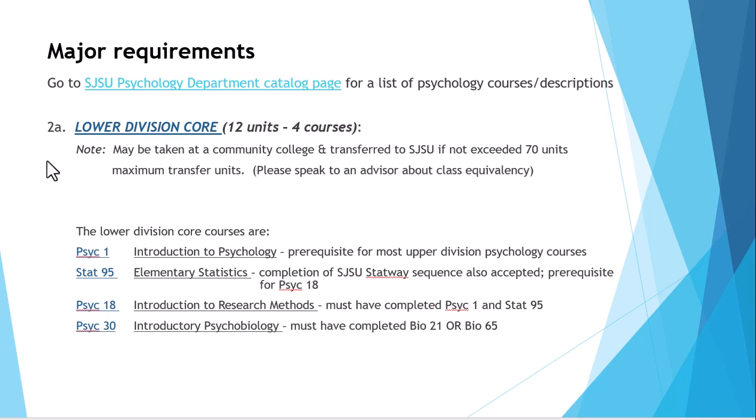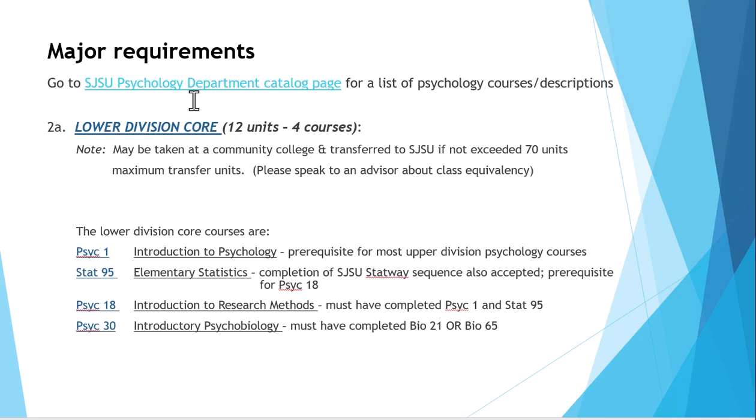The lower division core consists of Psych 1, Introduction to Psychology, Stat 95, which is elementary statistics, Psych 18, Introduction to Research Methods, and Psych 30, which is introductory psychobiology. For a full description of all of our psychology courses, please go to the Psych Department catalog page.